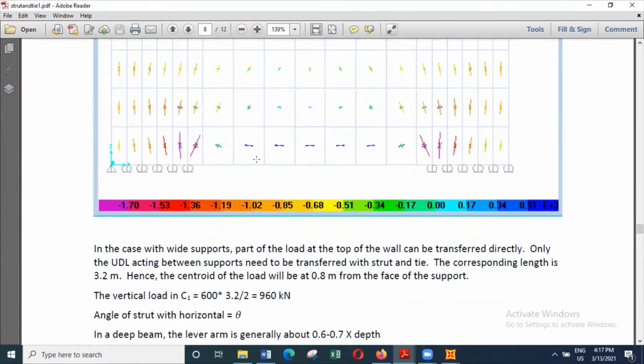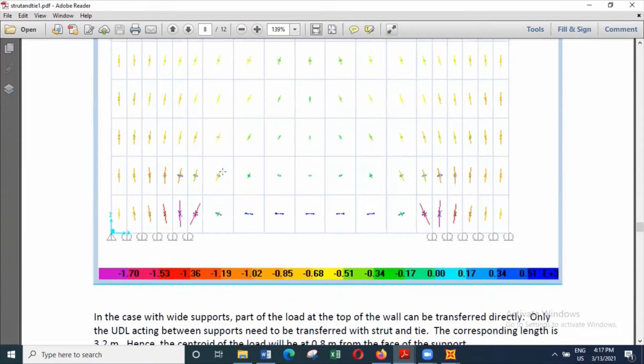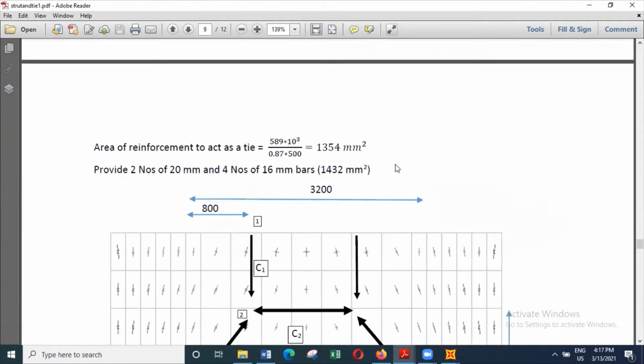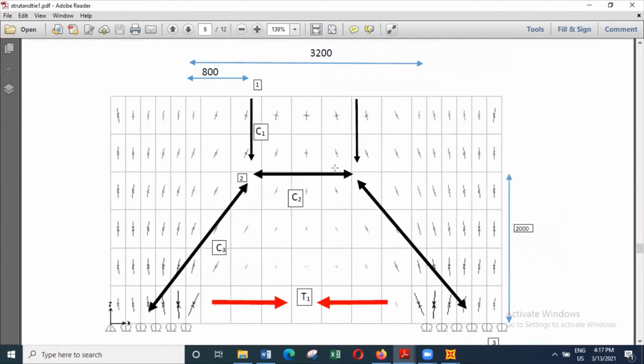And this also gives an indication of the strut angle. So it's something like this. So we can see this one, still considering this height as 2000 millimeters, and also considering that this strut force will be transferred to the center of the support.